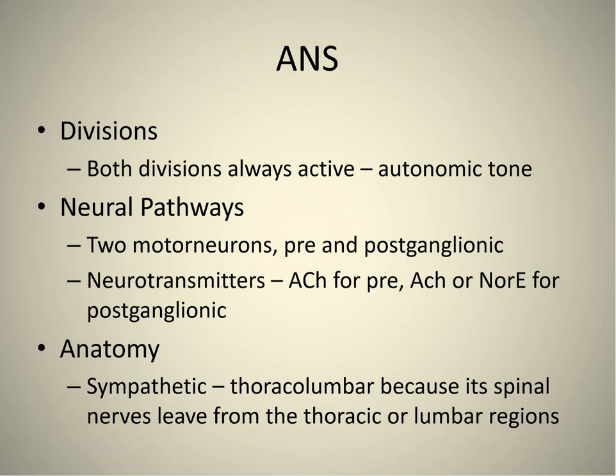Later on, we'll get into a different slide where we get more specific, but the parasympathetic nervous system only uses acetylcholine. The sympathetic nervous system usually uses norepinephrine, but it can use acetylcholine and actually nitric oxide sometimes.